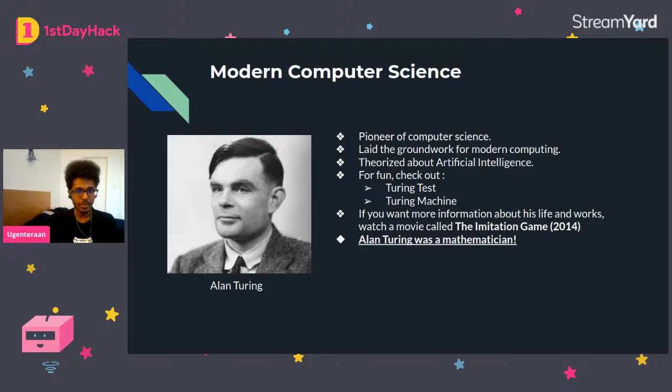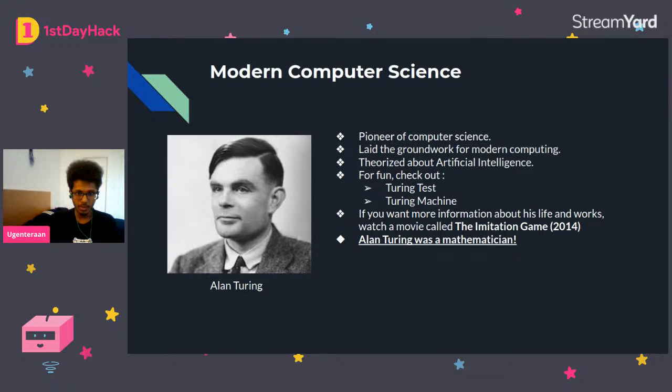He was the pioneer of computer science around the 1940s and 1950s. Not only that, he also laid the groundwork for the theory of modern computing and also artificial intelligence. So he is a pretty famous guy that you should know about.